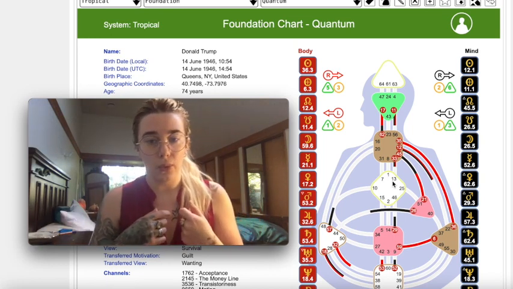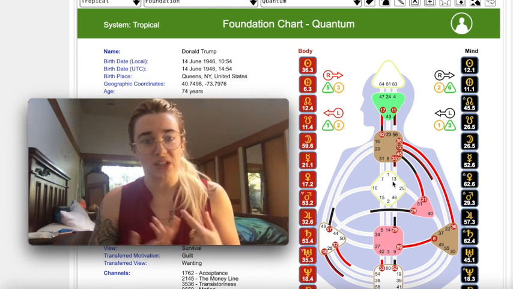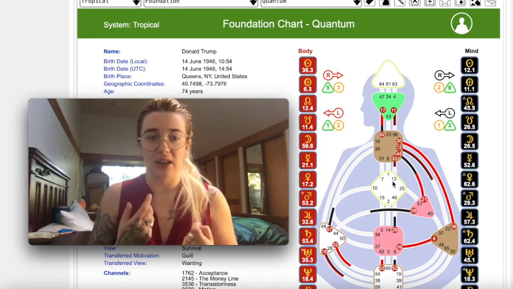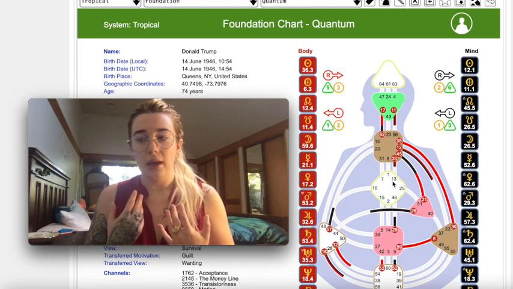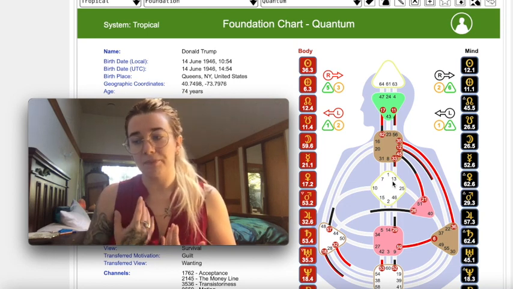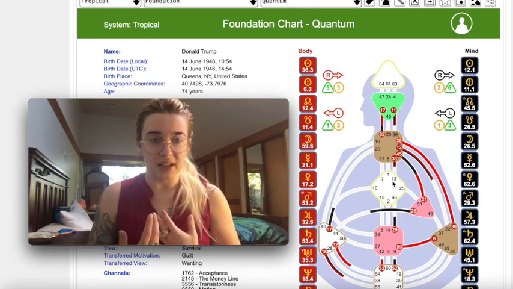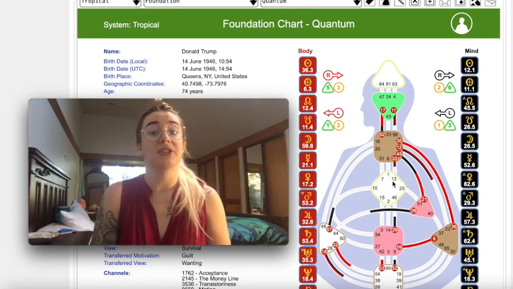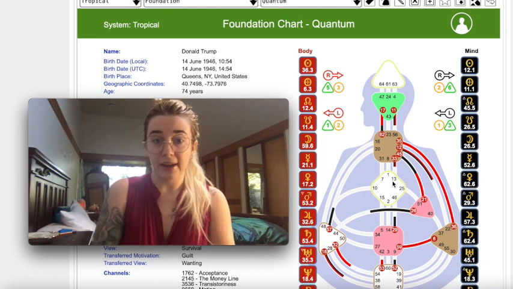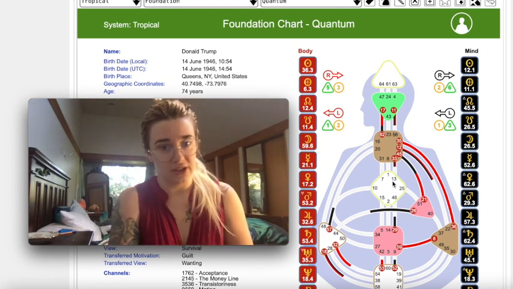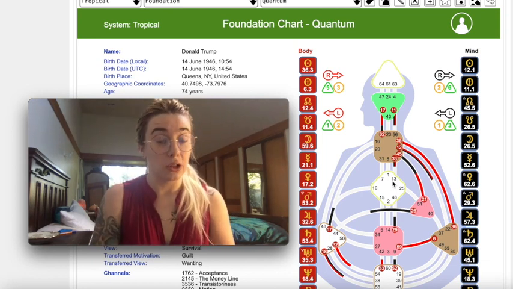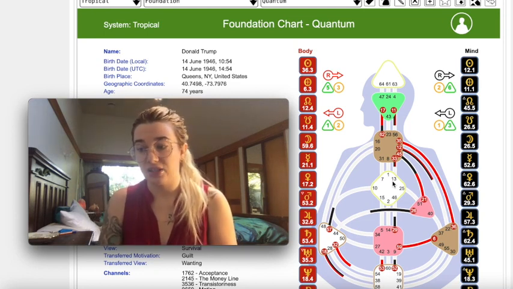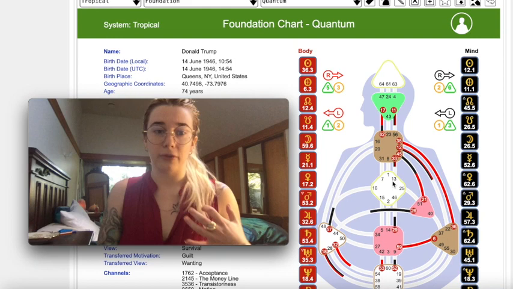So essentially what this is saying is that Trump doesn't likely experience a consistent internal identity of himself, right? Rihanna does have a defined G center. In fact, she has a lot of definition in her G center because she has a lot of those gates activated, which means that she is likely very sure of herself.